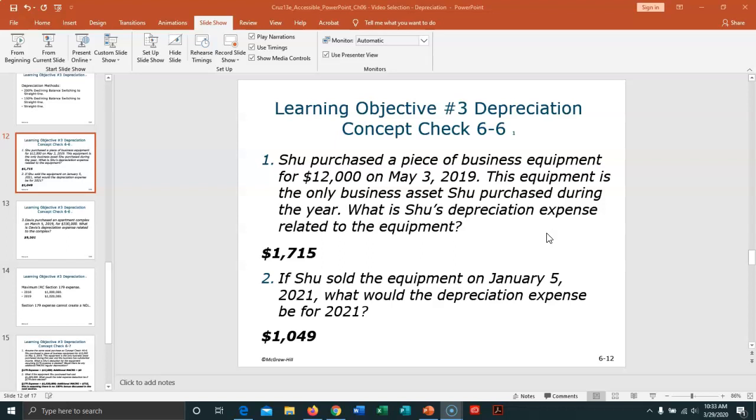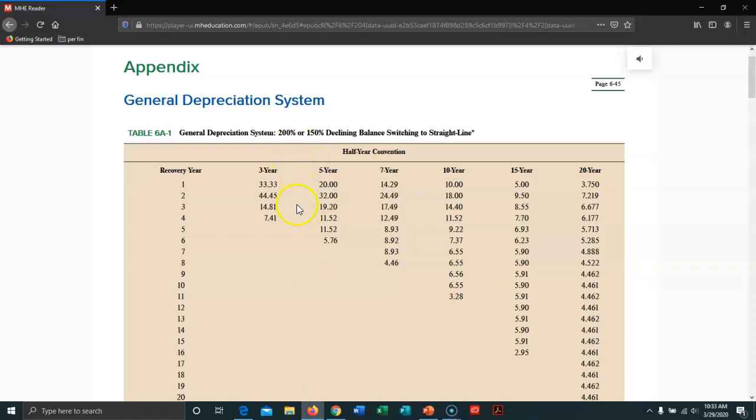So I have the basis and I have the cost. Now what I'm going to do is go over here to my table. And remember, we're talking about the very first year that she's owned it. So I'm going to take the $12,000 in cost and multiply it times 14.29%, and that's going to give me $1,714.80, which I am going to round up to $1,715.